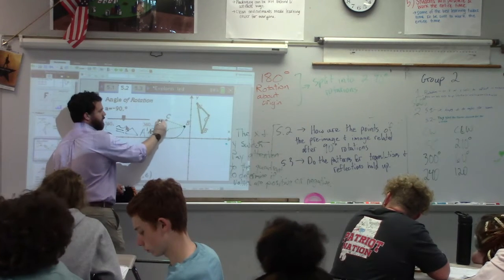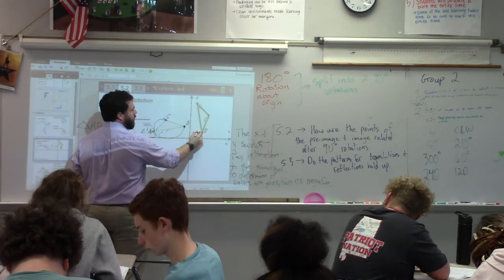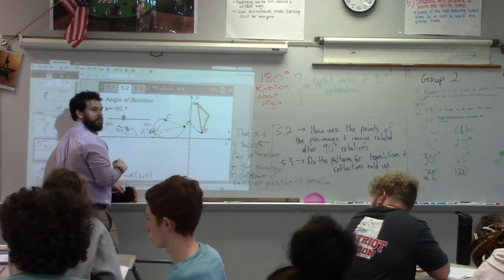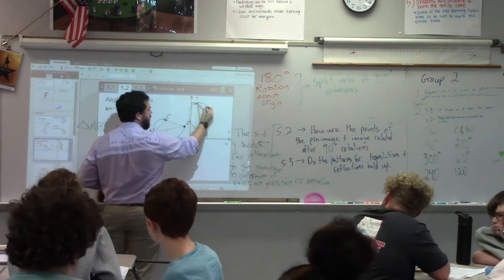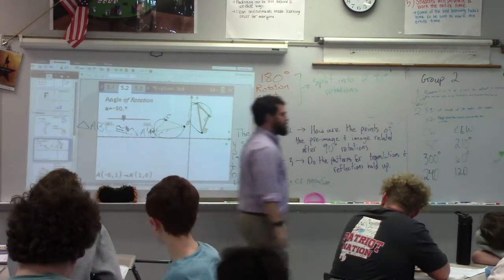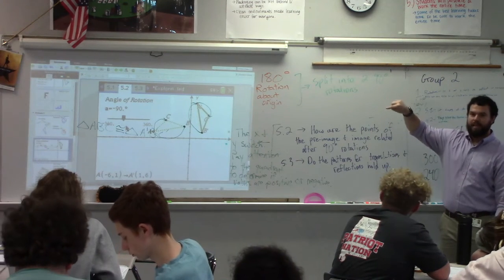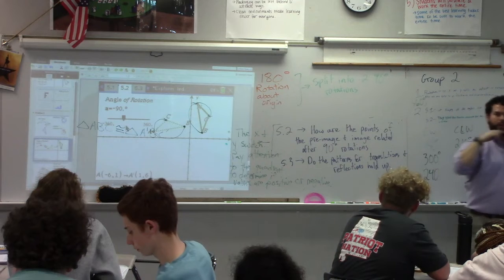A, and then C. Starting at B and going clockwise, what's next? A prime, and then clockwise again is C prime. You see how that orientation is clockwise. It goes in the same order, right?